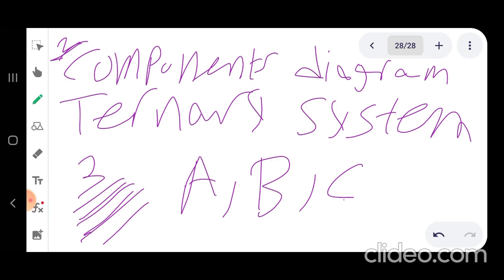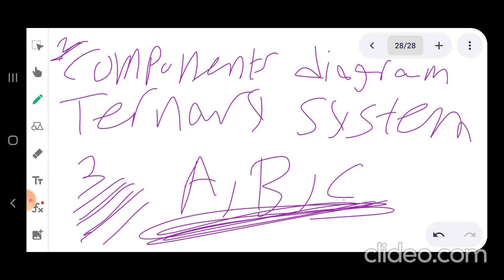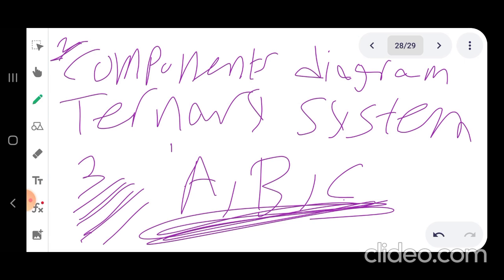But wait a minute, what do you mean by a component diagram? A component diagram is simply a diagram that shows the composition of each of these three components. As you can imagine, how many components do we have here? 1, 2, 3. So we need 3 axes. Let's call them the x, y, and z axis.